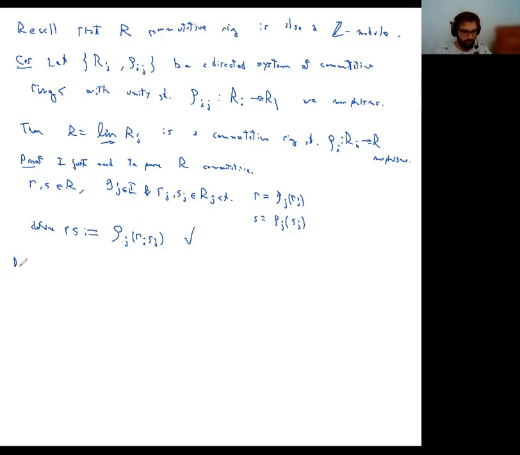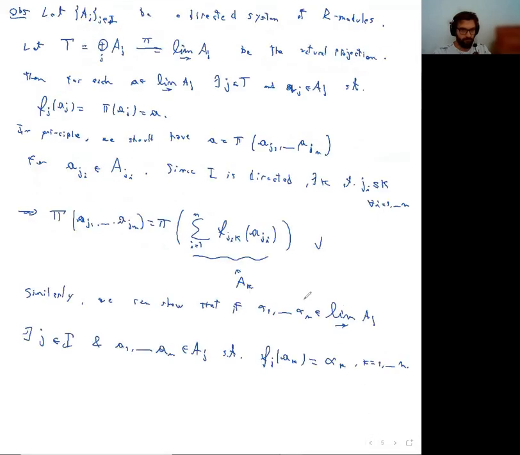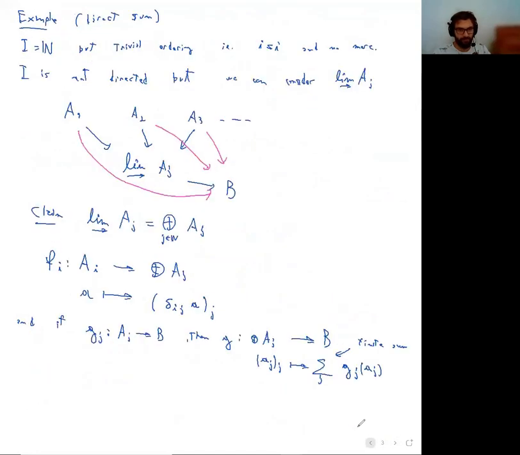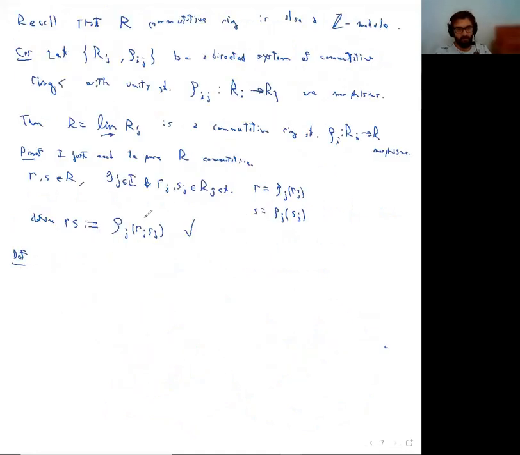Okay, so now what I want to do is, normally we were talking about direct limits of R modules, no? But now we see that even rings we can take the limits of rings. So instead of taking the limit of R modules, I want to take the limit of R_j modules.